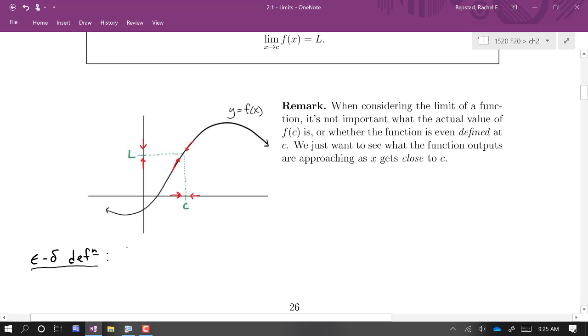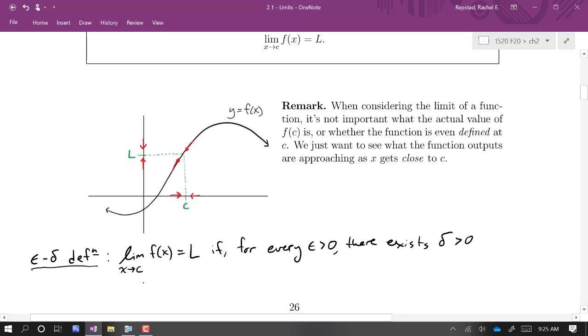This just says that the limit as x approaches c of f of x is equal to L if for every epsilon greater than 0 there exists a delta greater than 0 such that the absolute value of f of x minus L is less than epsilon whenever the absolute value of x minus c is less than delta.